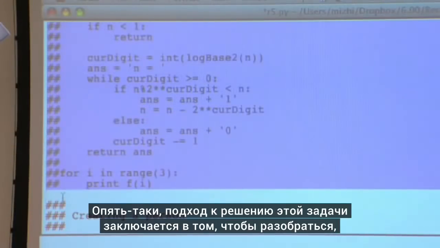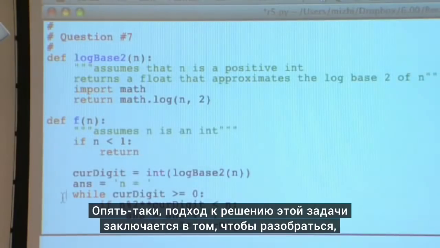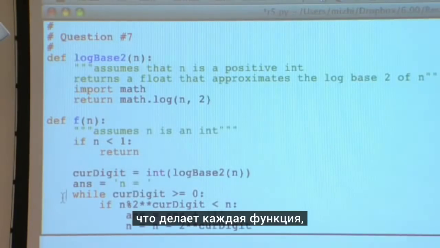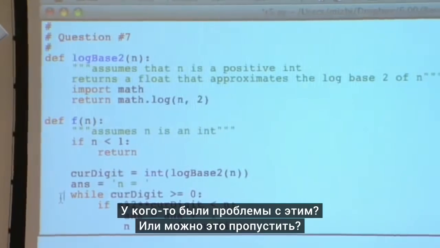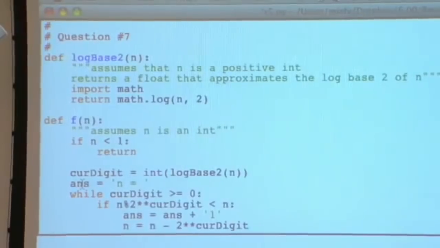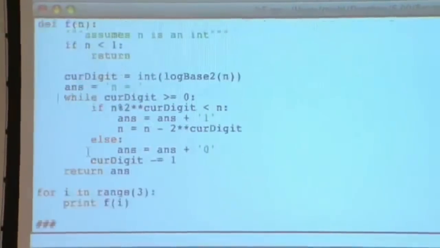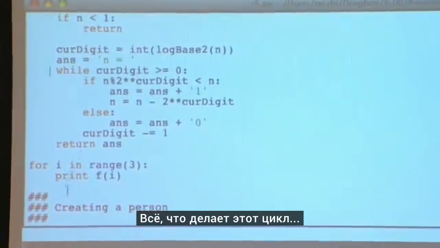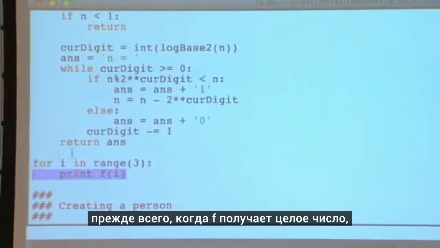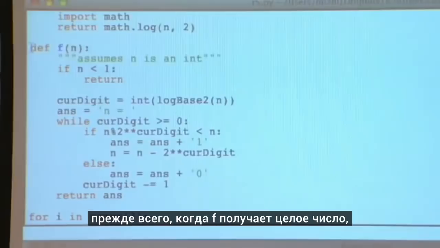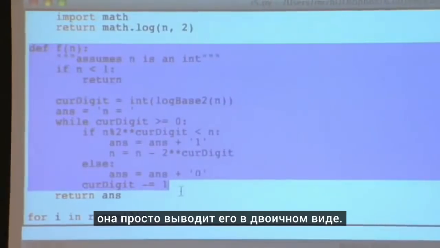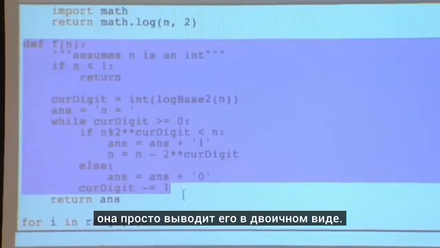So again, the approach to this problem is to figure out what each of the functions does, and then walk through the code. Did anyone have trouble with this or want me to actually step through it? All right. When f gets an integer, it just prints out the integer in binary.